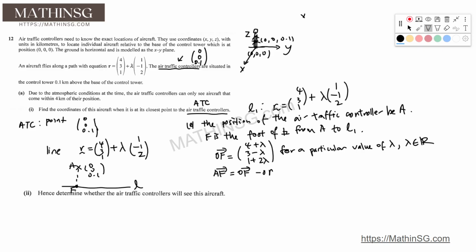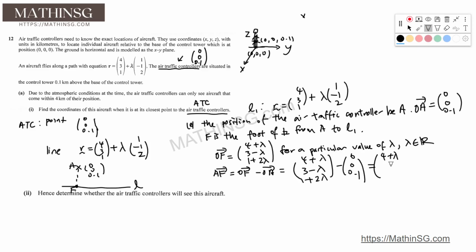So AF is OF minus OA, and I know that A is 0, 0, 0.1. I know that AF is perpendicular to the line. So when they are perpendicular, the dot product will be equal to 0. The dot product of AF with the direction vector of the line will be equal to 0.